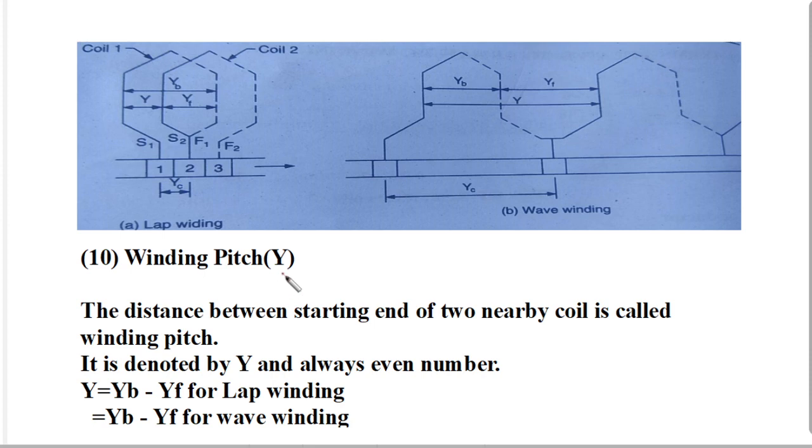Then winding pitch Y. It is the distance between the starting ends of two nearby coils. The starting end of the first coil and the starting end of the second coil: that distance is called winding pitch Y. It is denoted by Y and is always an even number.